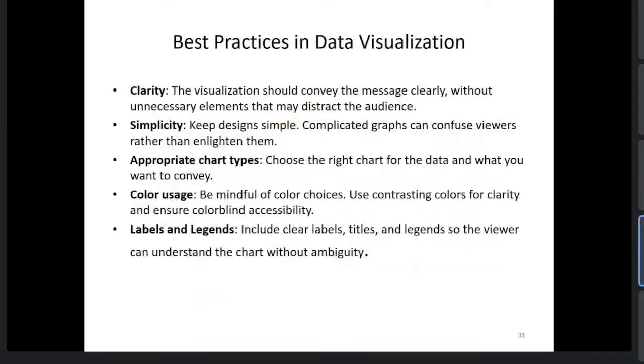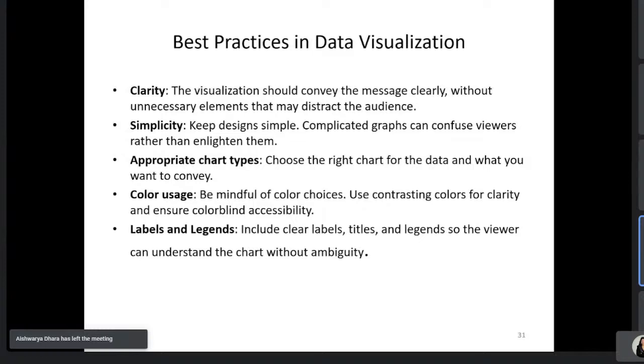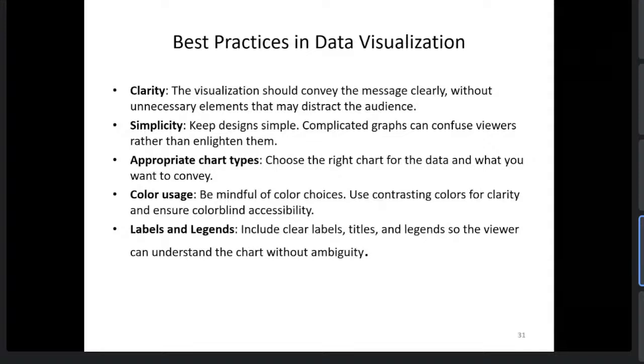So what are the practices in data visualization? It should be clear, it should be simple, and an appropriate chart should be chosen, so that the reader or other people don't get confused after visualizing the data. We can use labels, titles, and legends to understand the data without any ambiguity.